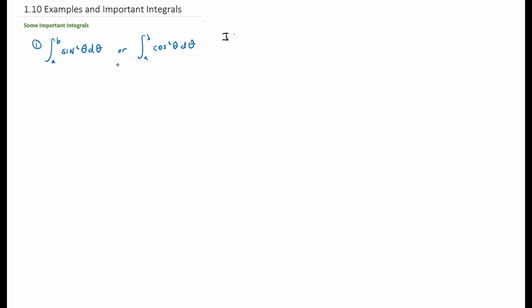So if b minus a is equal to some integer multiple of pi, m times pi, where m is an integer, the integral is always going to be m times pi over 2. So that's a shortcut if you want to memorize it.